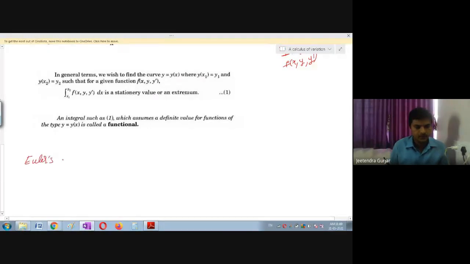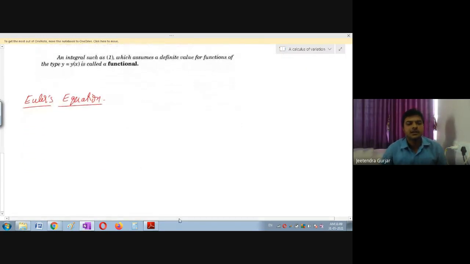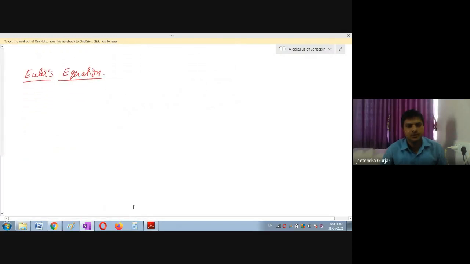So please write down what you have to remember: Euler's equation derivation. Here again, integration we don't substitute everything, because this is a derivation, meaning we'll be writing the statement here. So please write down the statement.